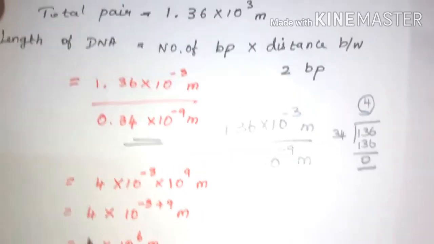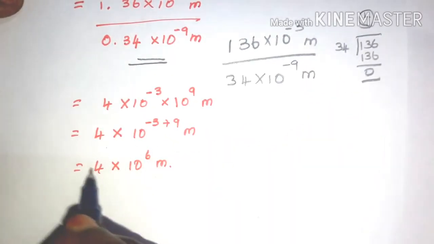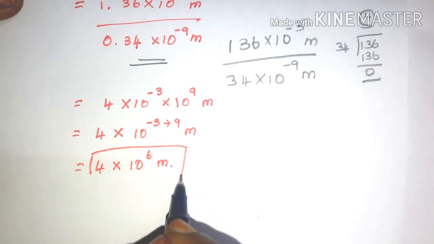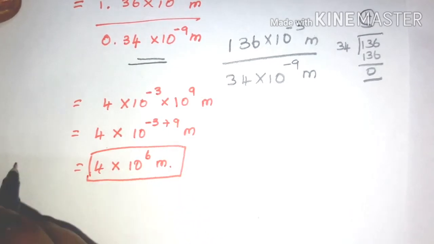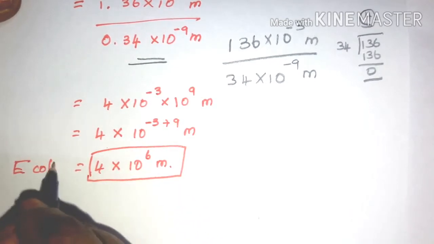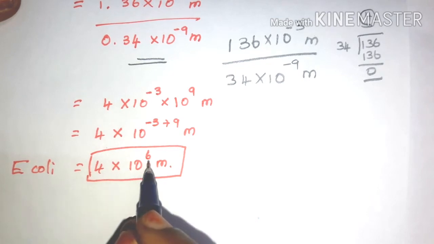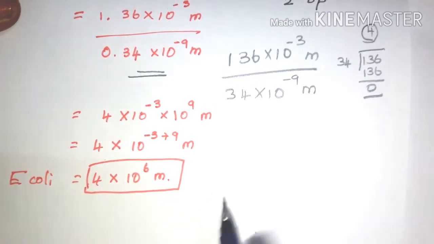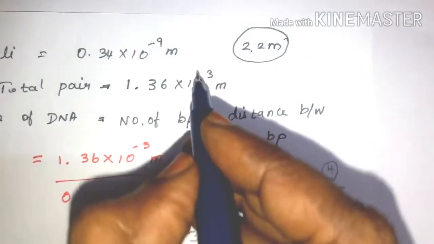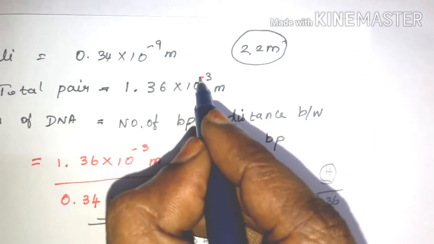So we can conclude that the length of DNA in the case of E. coli is 4 into 10 to the power of 6 meter. In this case it should be -3.